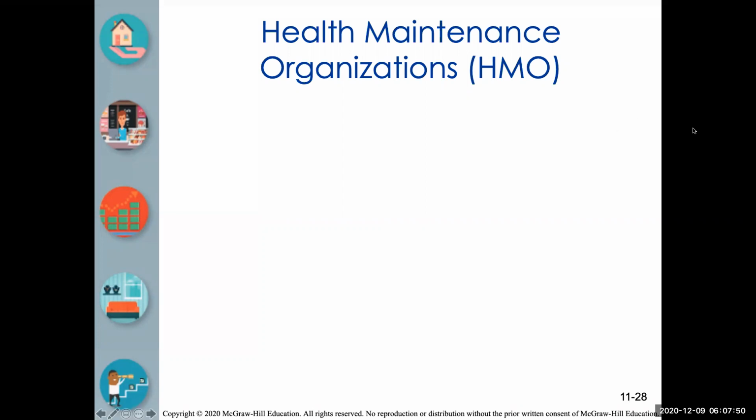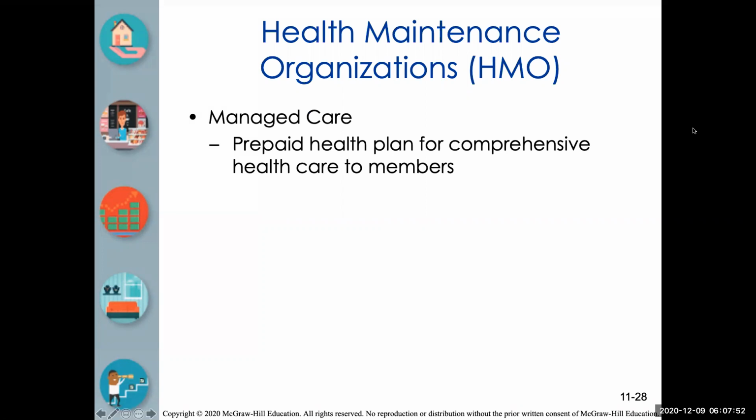Well, HMOs and PPOs are managed care. They provide different services, but they're both classified at the macro level as managed care. And what they are is prepaid health plans for comprehensive healthcare to the members of the organization.